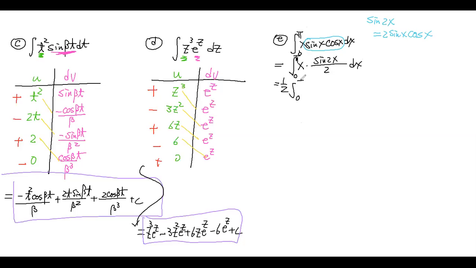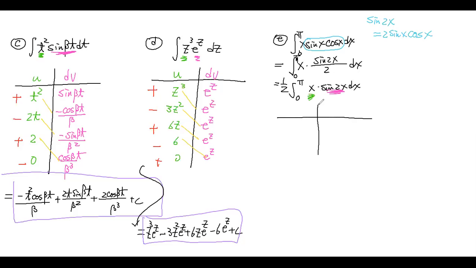So this is the integral from 0 to pi of sine x sine 2x dx. Then you say, yahoo, we have a polynomial here, and what do we have here? We have trig functions, right? So now I can use my nice tabular form. Don't worry about this 1/2 here.